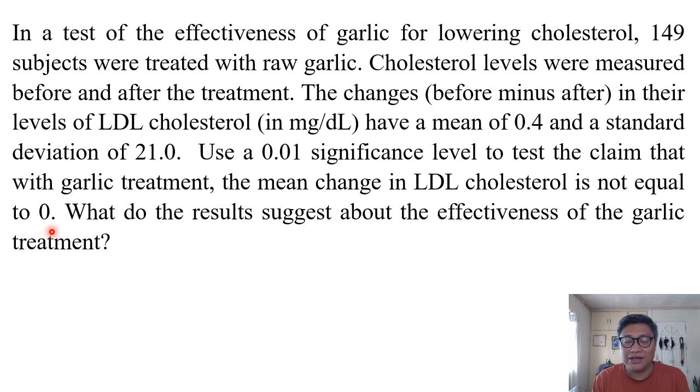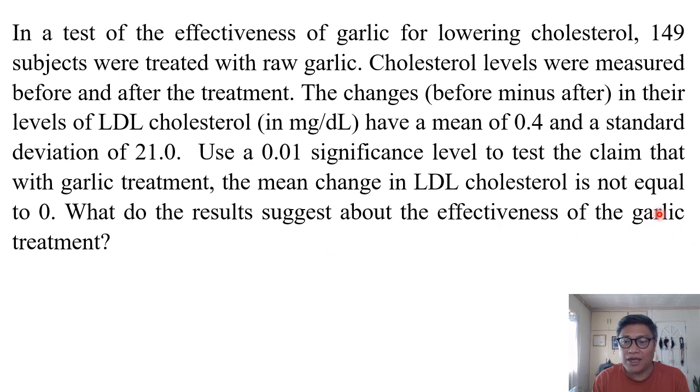Literally speaking, class, yes, 0.4 is not equal to 0, but in hypothesis testing we have to show that 0.4 is not really equal to 0, because if it is, it is due to sampling error. But if 0.4 is not really equal to 0, then we could say that it is really different. Then, what do the results suggest about the effectiveness of the garlic treatment?